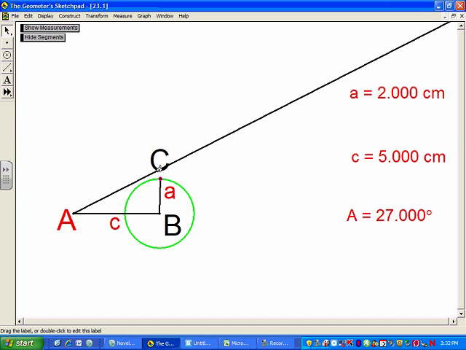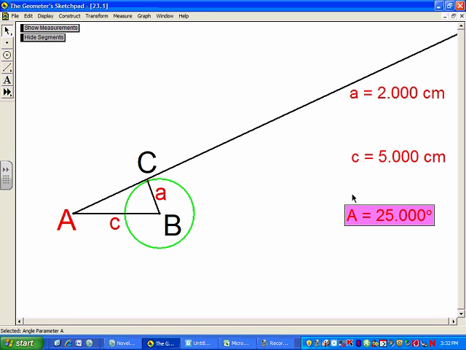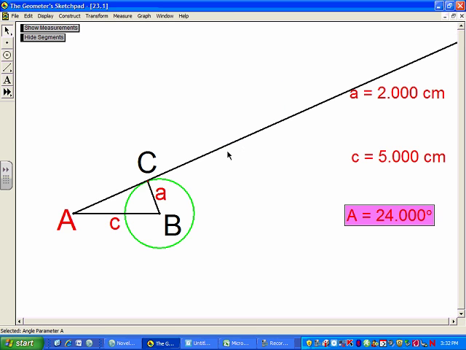Okay, and then there's one other scenario, and that is, let's see. I want to make a right angle right there. I need to go a little smaller than 27, don't I? That's pretty close. Let's go 24. There we go.